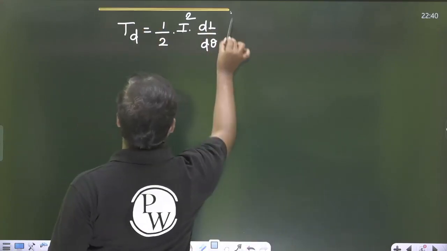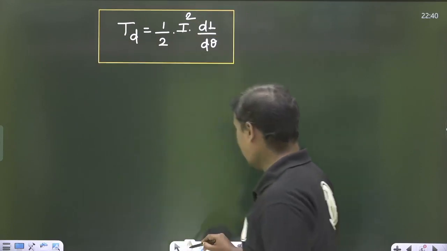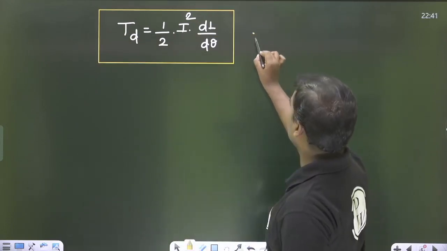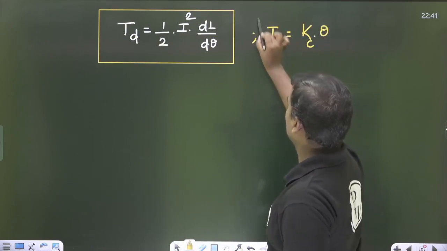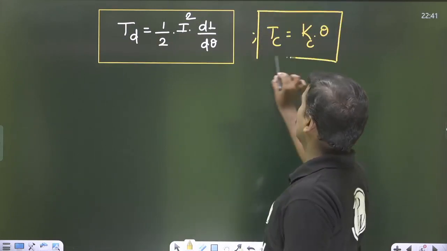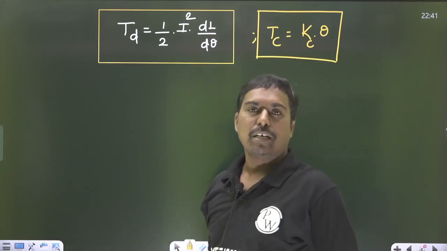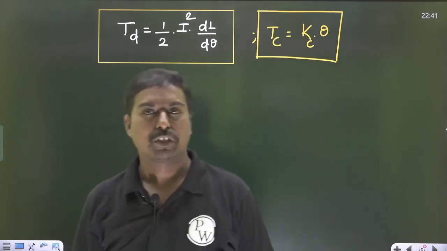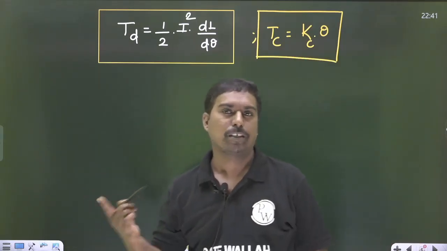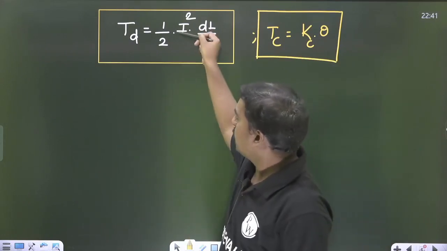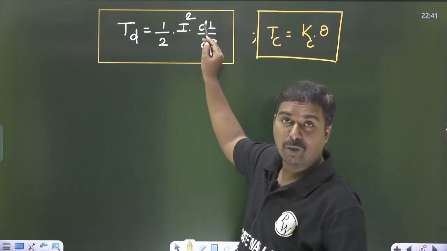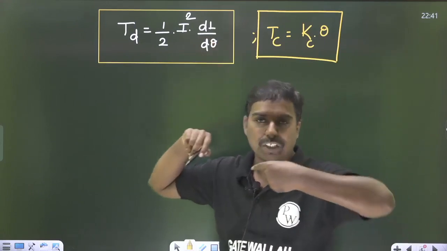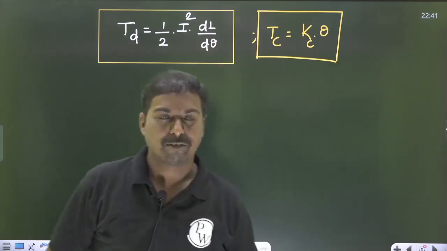The controlling torque TC is given by Kc into theta. Okay? So that is the basic expression. In PMMC also we are using the deflection torque and controlling torque K theta. Here the current represents the AC or DC current, and dL by d theta represents the change in self-inductance of the coil with reference to the deflection of the iron disc.